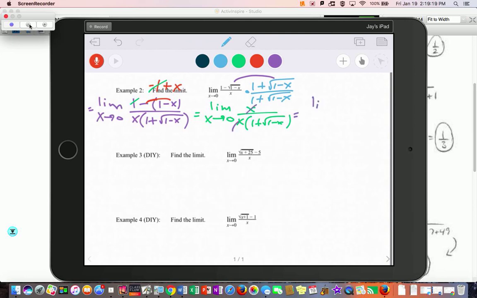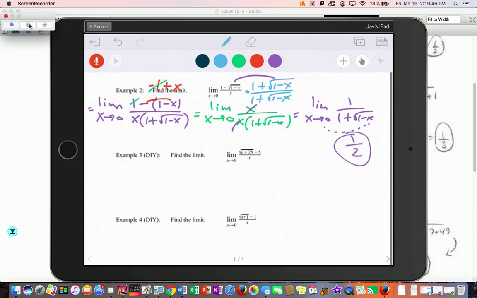And so you have the limit as x goes to 0 of 1 over... and at this point now with the x gone, we can go ahead and plug in the 0. And 1 minus 0 is 1, so that's the square root of 1, which is 1, and you end up with 1 over 2.